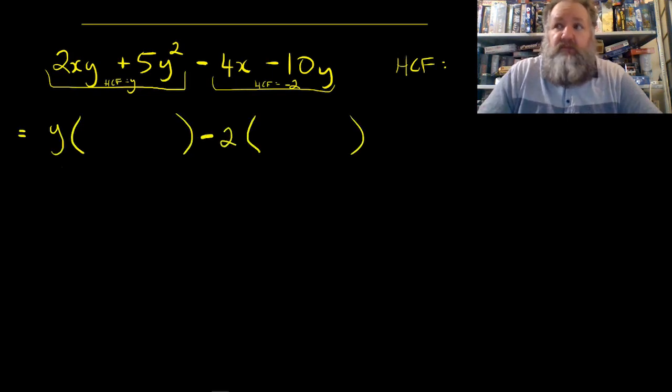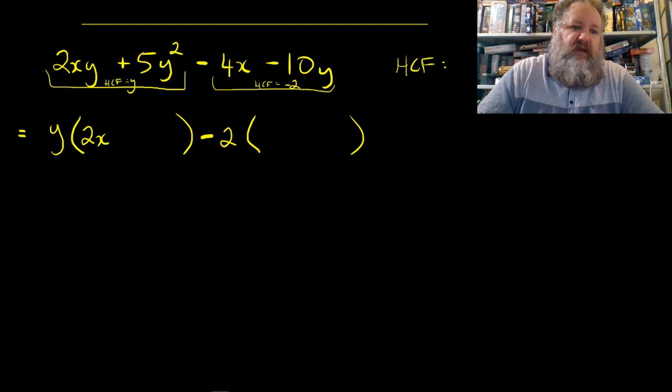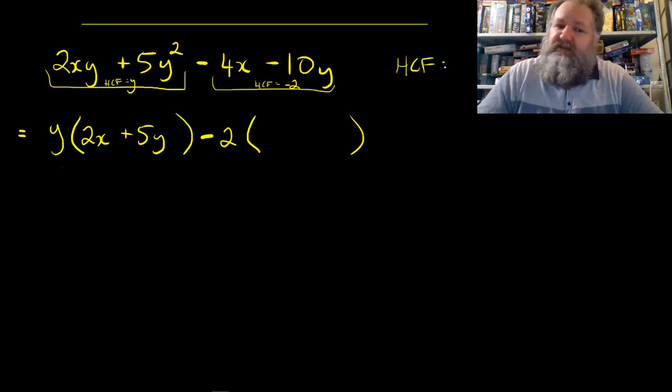Here I've got my y and my -2 that I said were the highest common factors of each of those groups. What do I have here? I'll have 2x plus 5y, and over here, and this is important that you go carefully, I've got -4x and I'm dividing it by -2. That will be 2x.